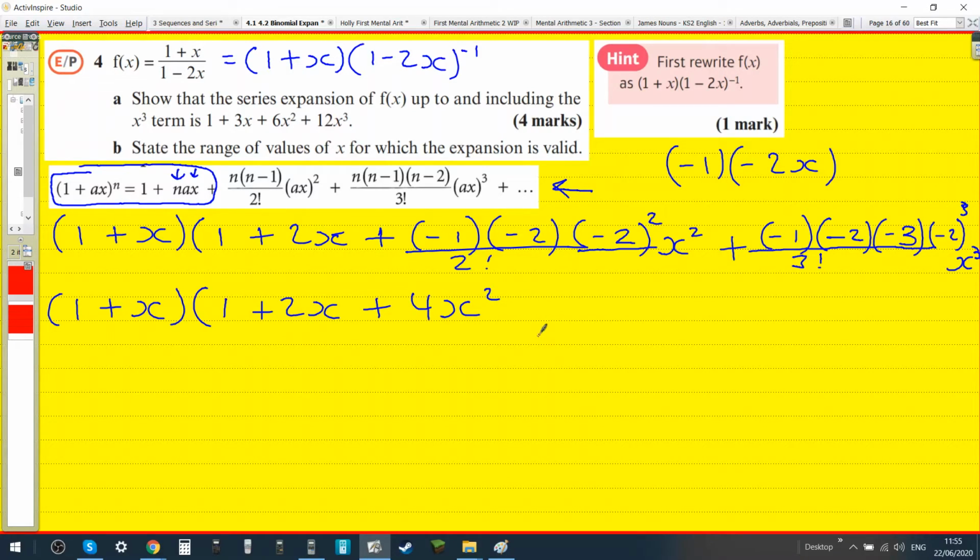And then I got plus 8x cubed. So you expanded the second bracket, and now to expand these double brackets, you do the first bracket times the second bracket down here.